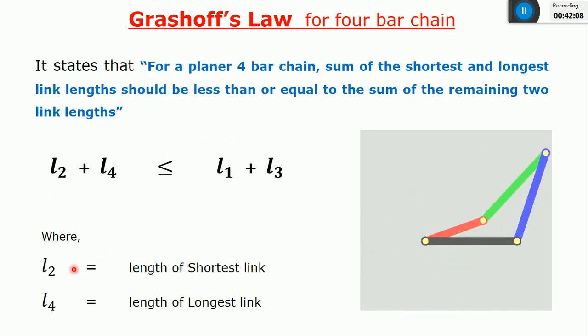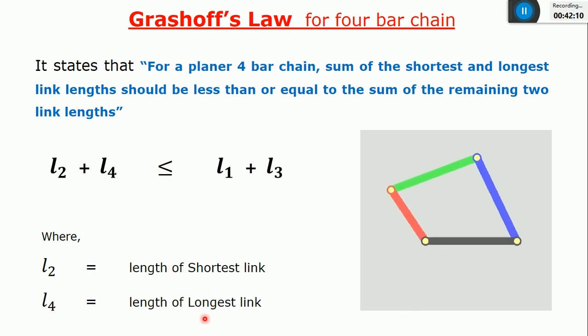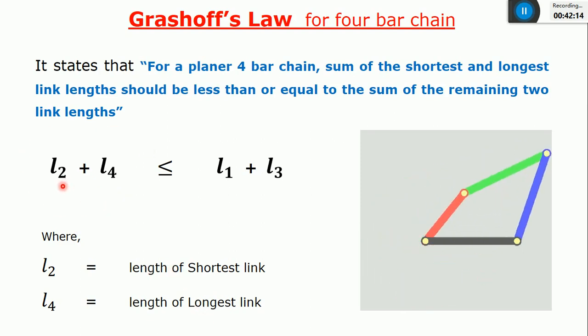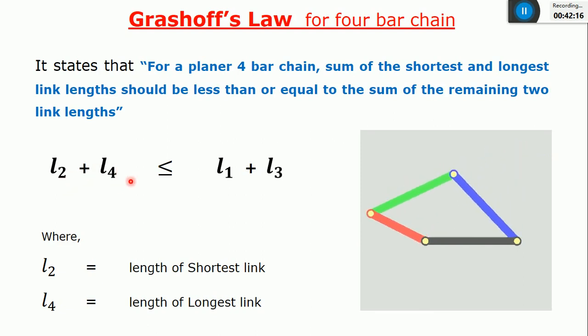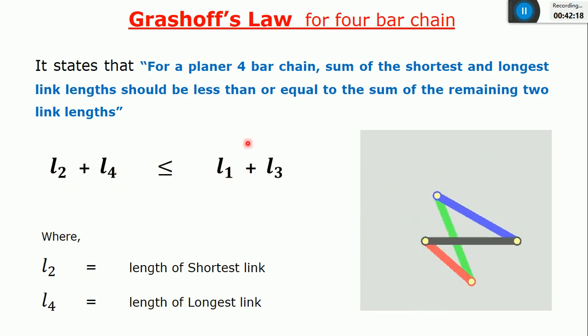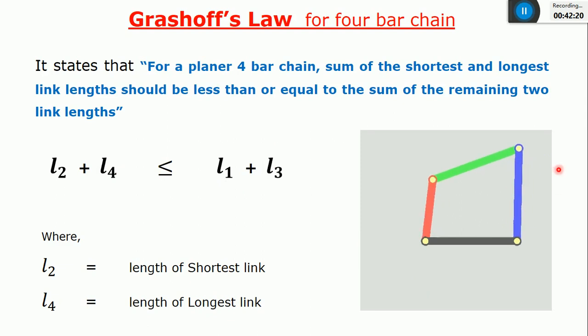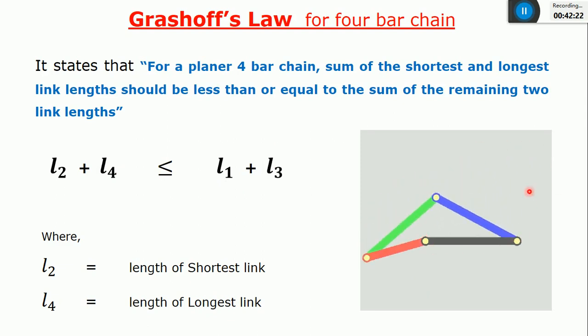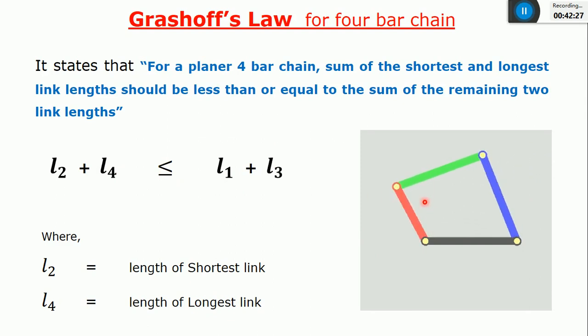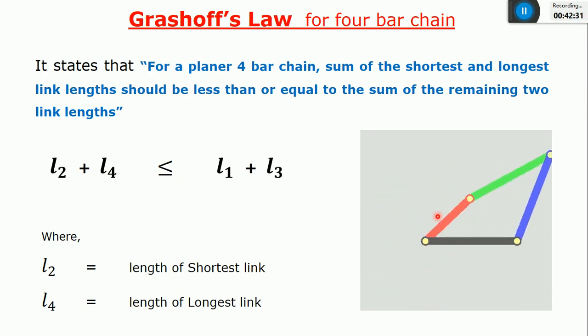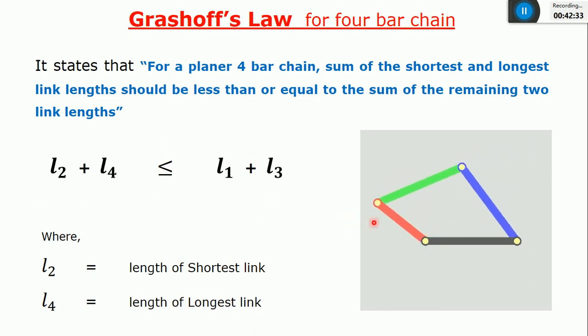First you have to list down the shortest link and the longest link, and check this condition: the sum of the shortest and longest link should be less than or equal to the sum of the remaining 2 links. Then only I can transfer the required motion. If this condition is not satisfied, you'll not get a complete rotary motion of the crank.